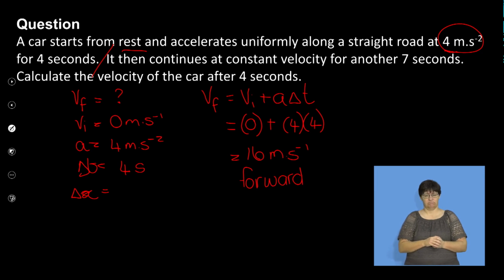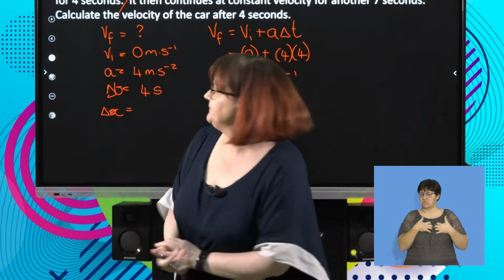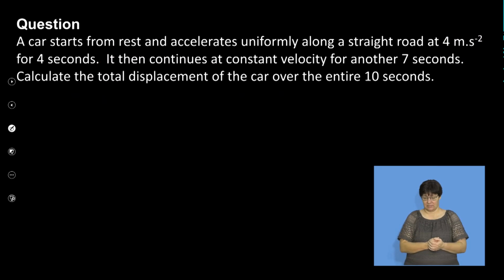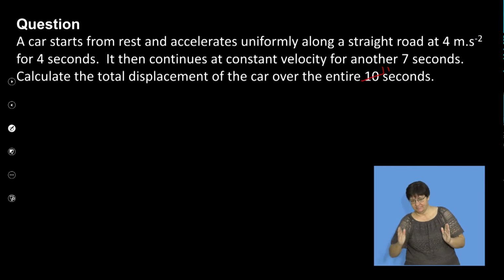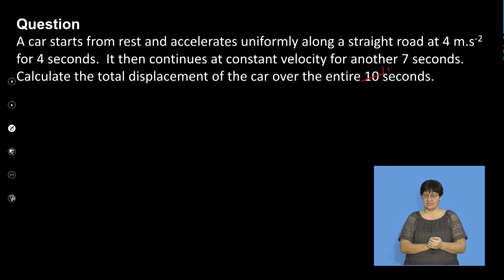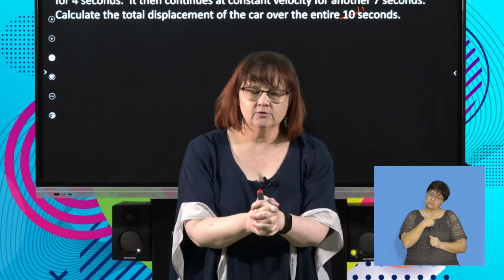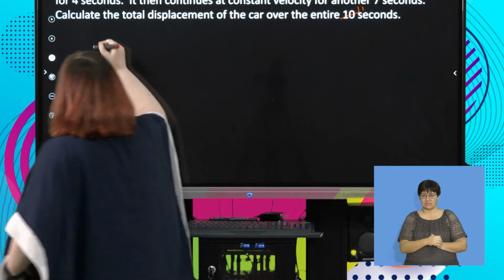That first question was nice, very nice. Straightforward, nothing to worry about. Now they want the displacement over the entire 11 seconds. Now this is what you need to be careful of. You are going to be very tempted to use this equation.